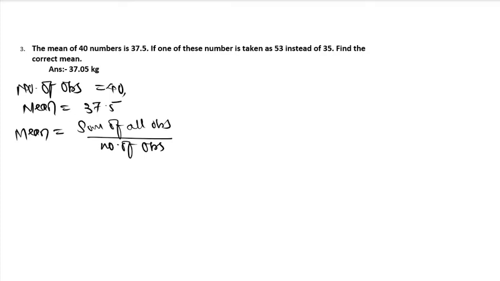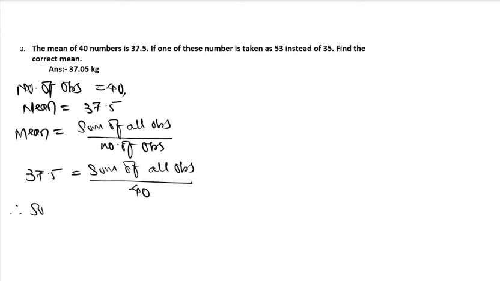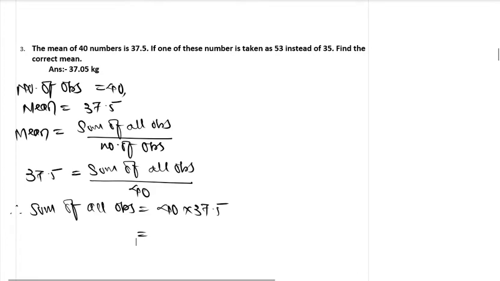So mean is given to you, 37.5. Sum of all observations you don't know again. Number of observations is given to you, 40. And therefore sum, without reading the question ahead, I'm just finding what is missing here. Sum of all observations will be 40 into 37.5, or 375 multiplied by 4, which is 1500.